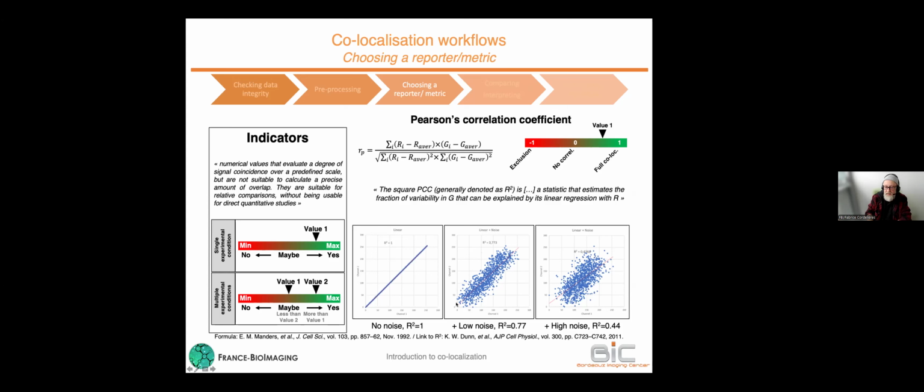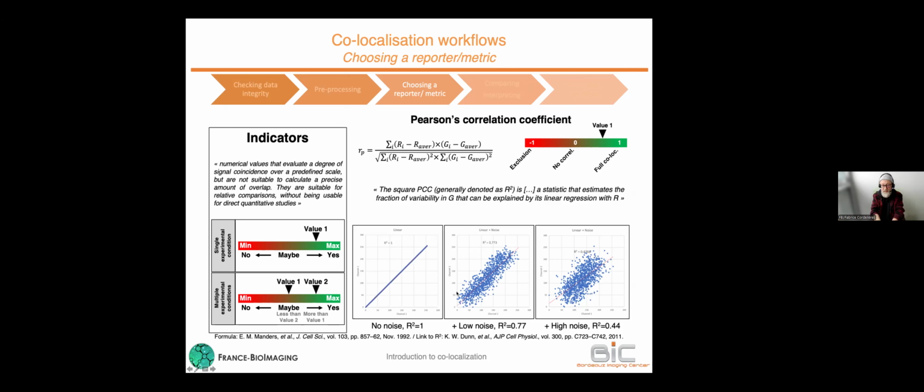You see that depending on the situation and especially the amount of noise, the cloud of dots will spread, allowing you to see a bit better the red line here, which is the line that is the most likely to represent the linear relationship that you expect between the two signals.